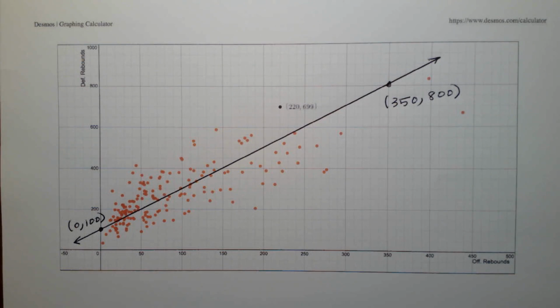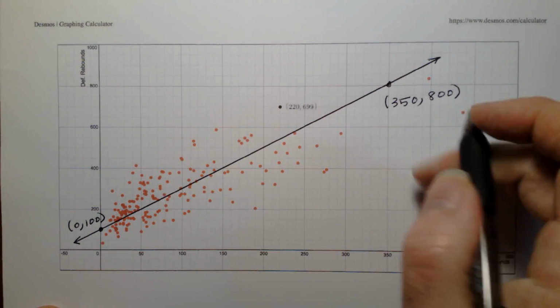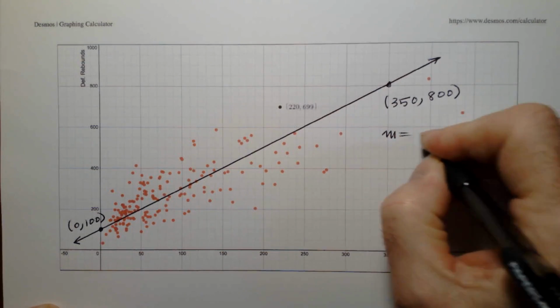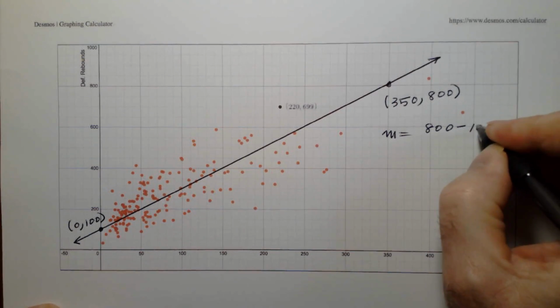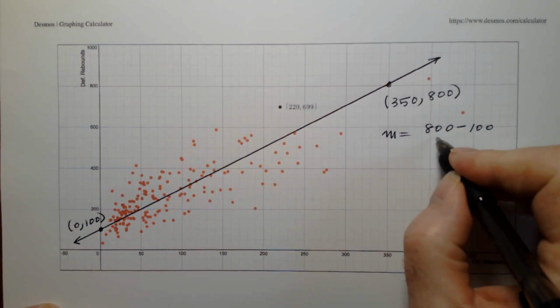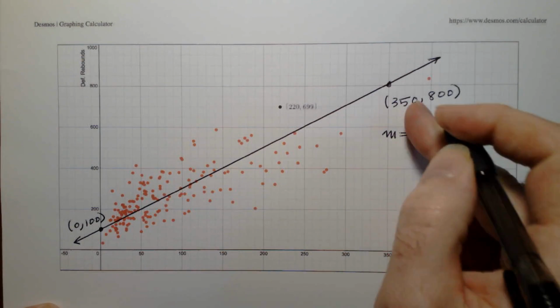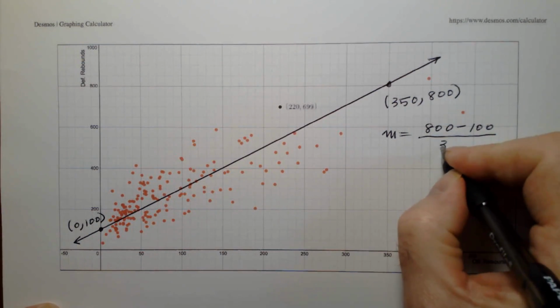Okay, now we want to put the equation of this line in slope-intercept form. Let's get the slope. It's going to be 800 minus 100, the change in the y-coordinate, so to speak, over the change in the x-coordinates.